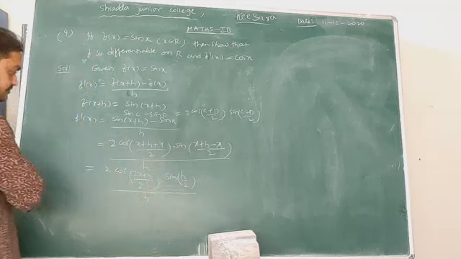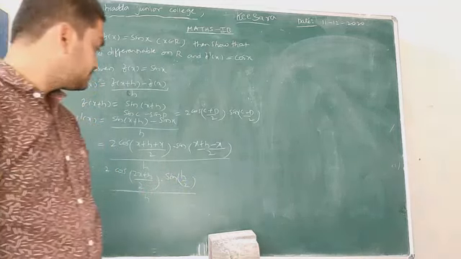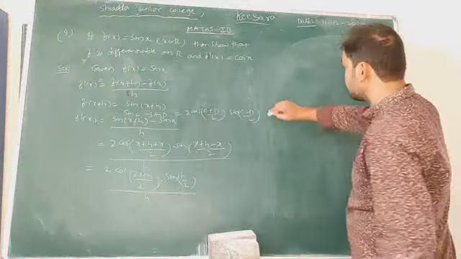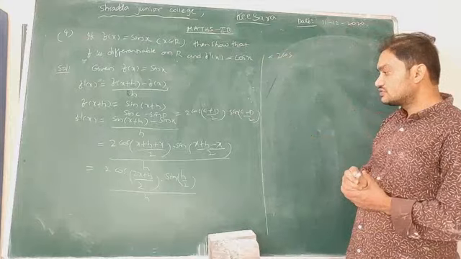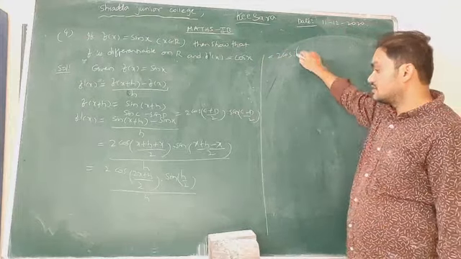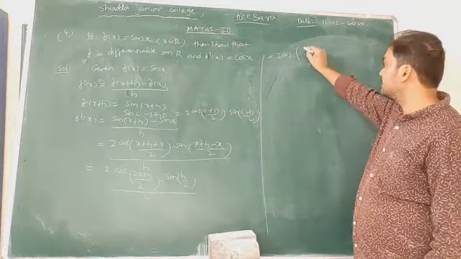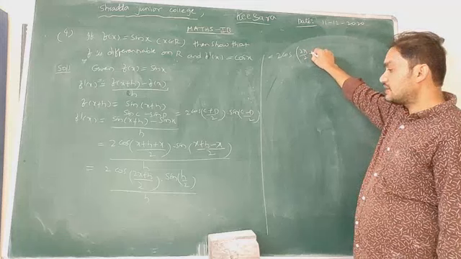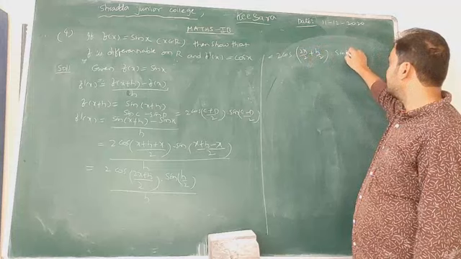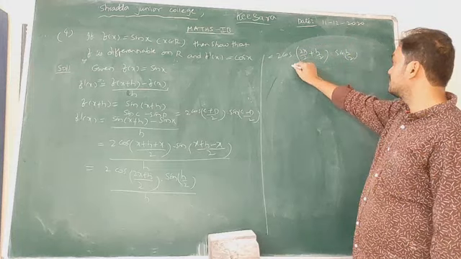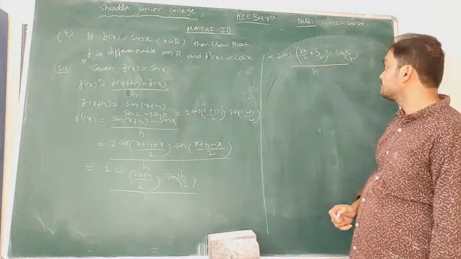Now here listen. This equals 2 into cos of, split by the denominator, 2x by 2 plus h by 2, into sin h by 2 by h.